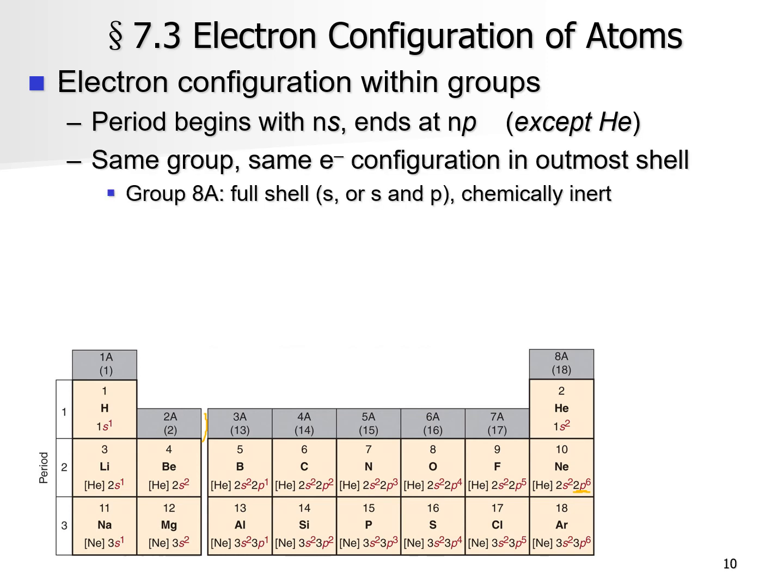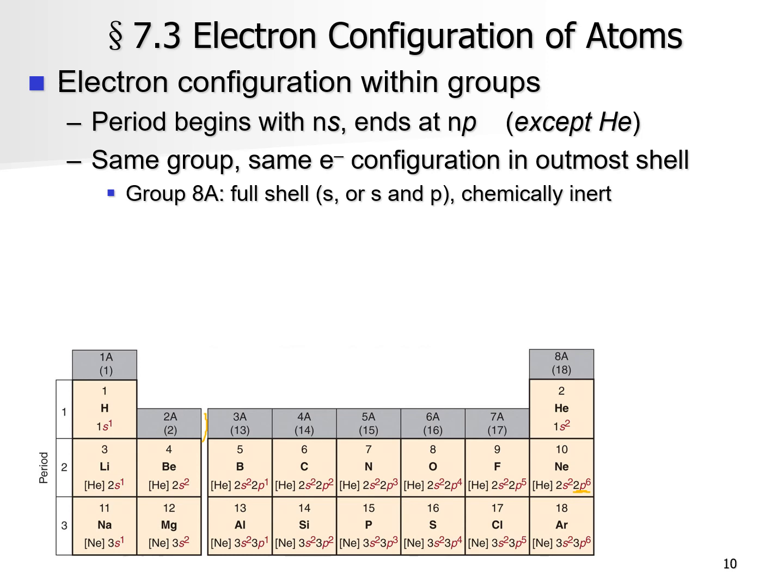For the elements in the same group, same column, they must have the same electron configuration in their outermost shell. So for example, hydrogen: 1s is the outermost shell, it's 1s1. For lithium, the outermost shell is a 2s with 1 electron. For sodium, the outermost shell is a 3s with 1 electron. Same electron configuration in the outermost shell, indicating similar chemical properties.